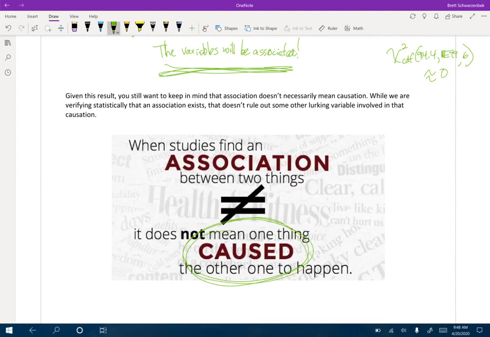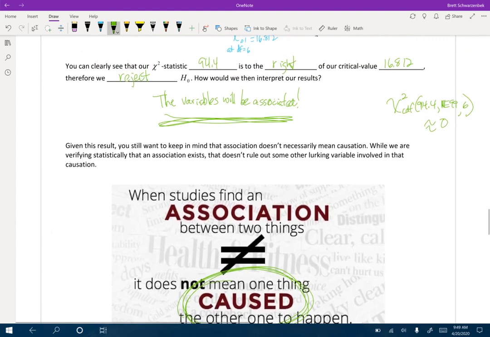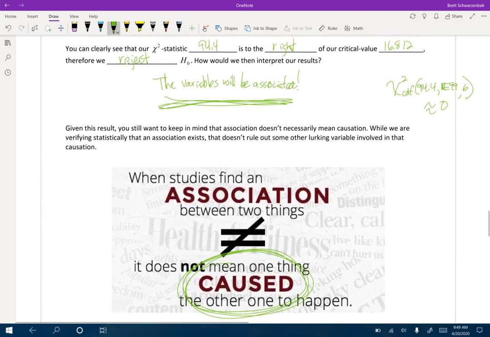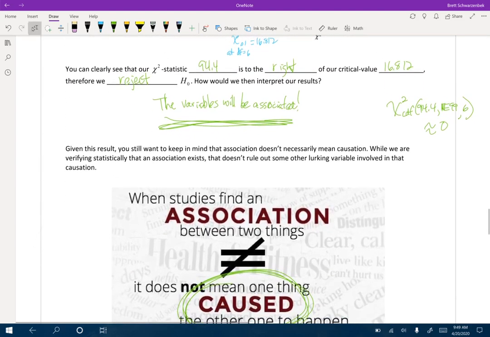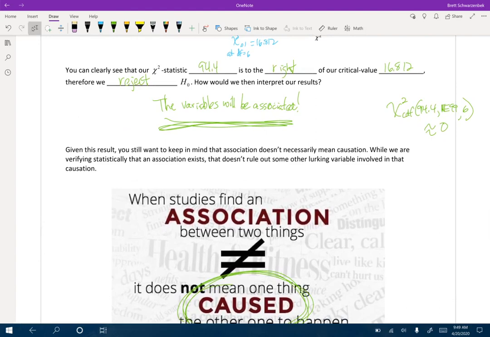We would need to do a well-designed experiment, which we don't really cover in this course, with placebo effect and control to determine if there is any type of causation involved here. We basically just say they're associated in some way. Whether that's from another lurking variable or not, we don't know, but that's all this test is saying. That's my summary here: don't go off the deep end and assume that it's something else.